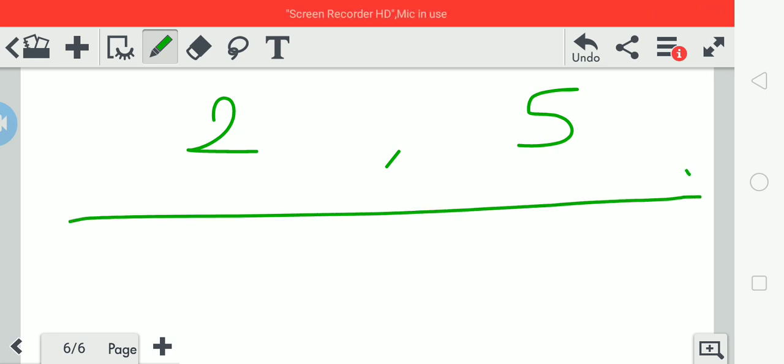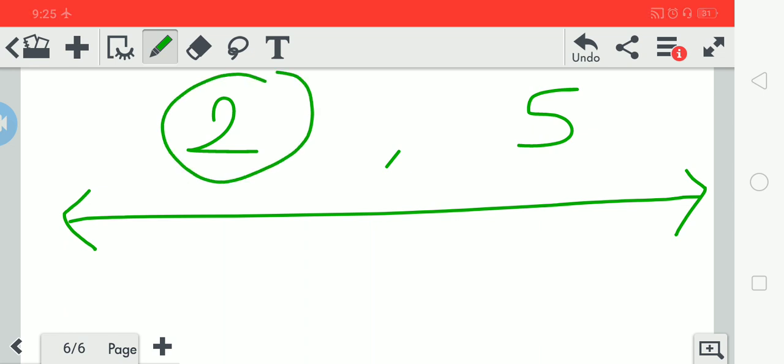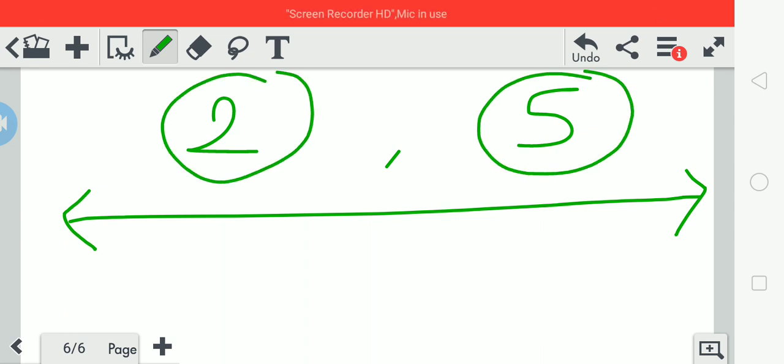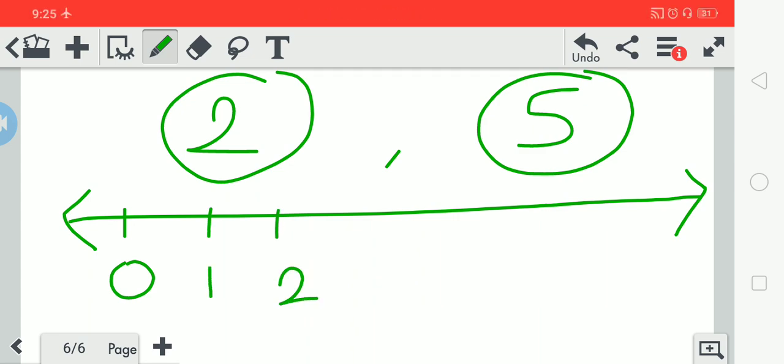To find how many integers will come, I will draw the number line. Here 2 is positive and 5 is also positive. That's why I will draw the positive number line. So 0, 1, 2, 3, 4 and 5, right.